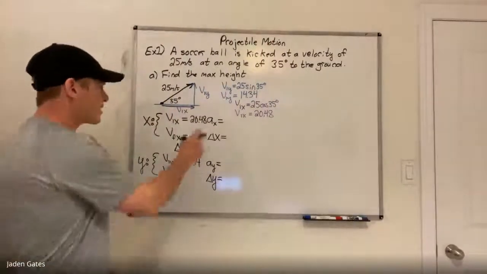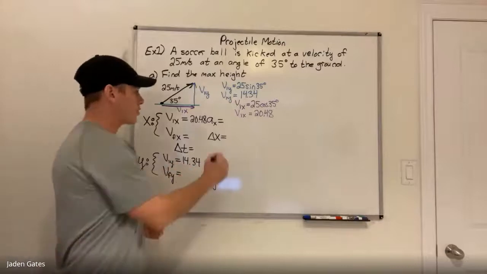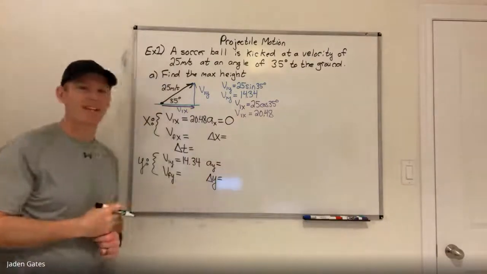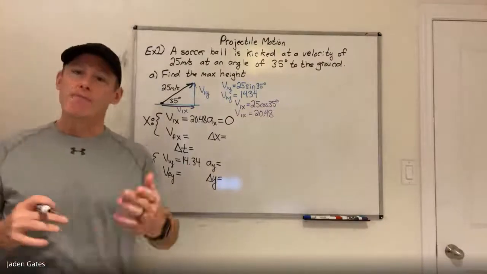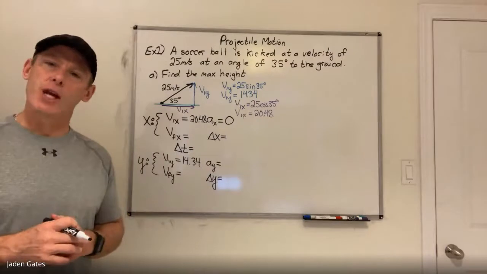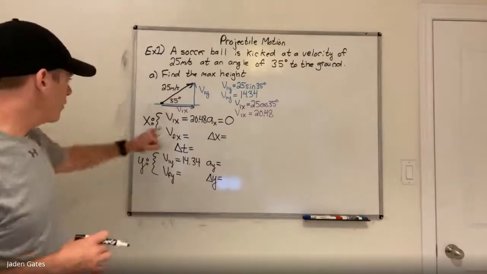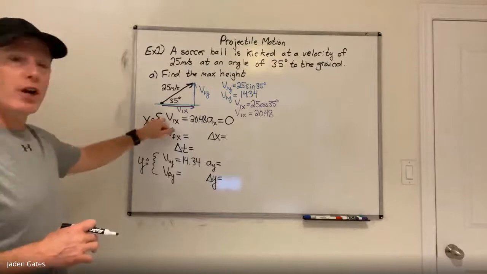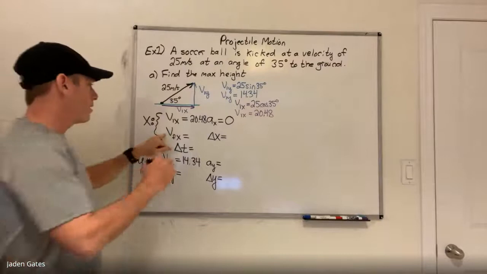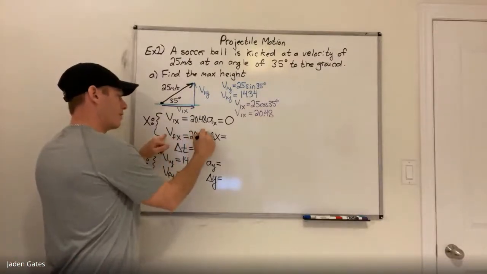So horizontally, there's nothing slowing the ball down or speeding it up, and so our acceleration is zero. In motion, when you have an acceleration of zero, that's a nice way of saying your velocity is not changing. So if our v1x, our initial velocity, is 20.48, then our final velocity will be 20.48.